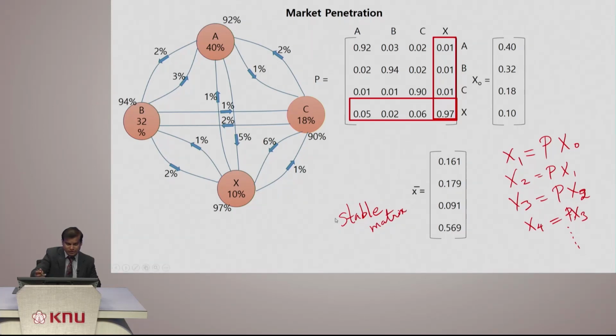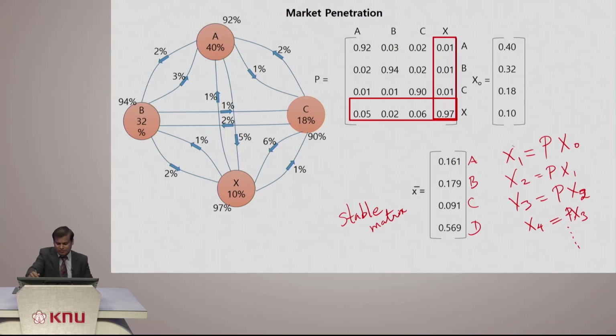You can also call it a stable state, after which not much change happens. In other words, it stays at a certain level. So here the X bar, which represents the stable state or stable matrix, has been referred to for A, B, C, and D. After several months or several years of these products, you can consider the domain like X1.